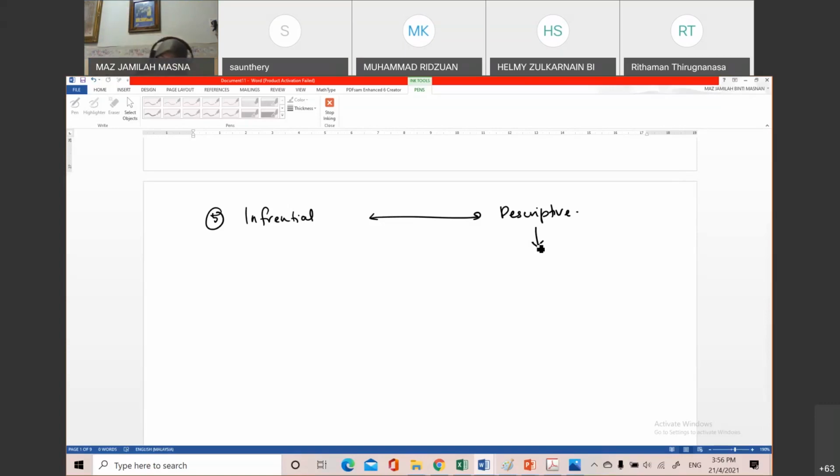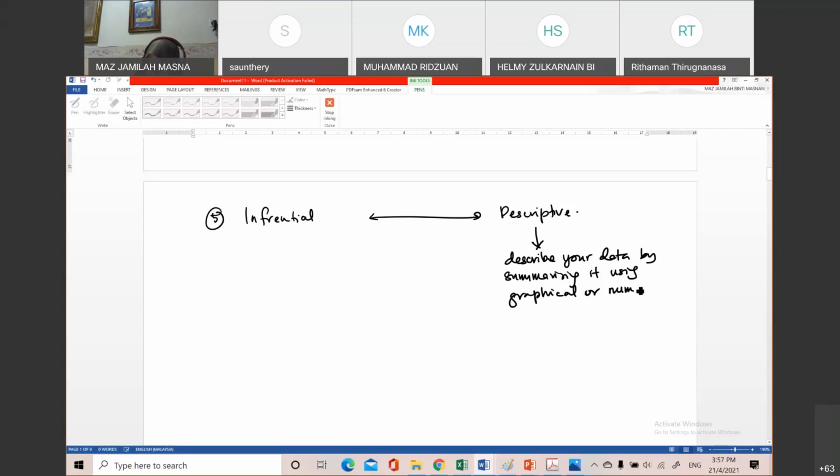So descriptive statistics tells about what? Describe your data by summarizing it using graphical or numerical analysis.